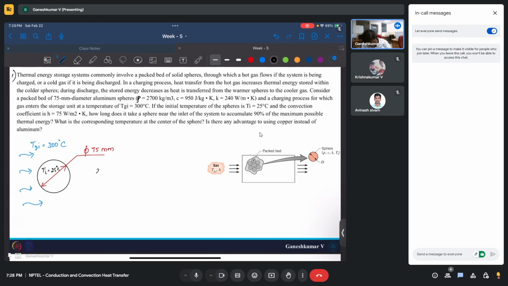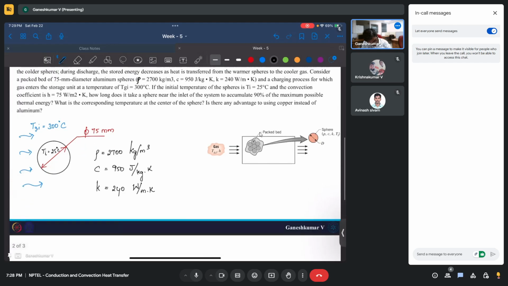The density of the sphere is 2700 kilograms per meter cubed, Cp is 950 joules per kg Kelvin, and the thermal conductivity is 240 watts per meter Kelvin. The heat transfer coefficient is also given, which is 75 watts per meter squared Kelvin.